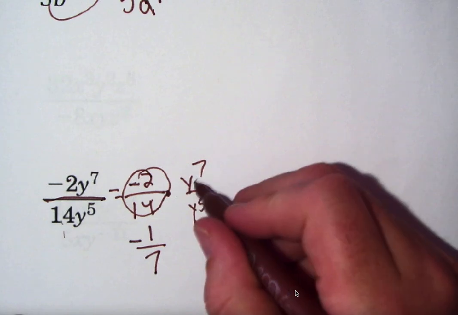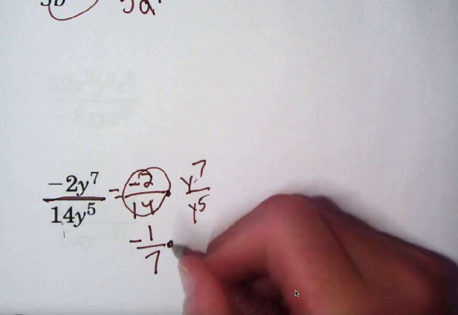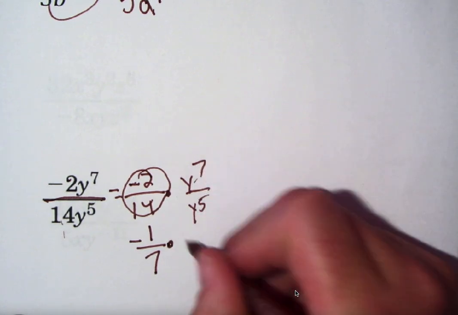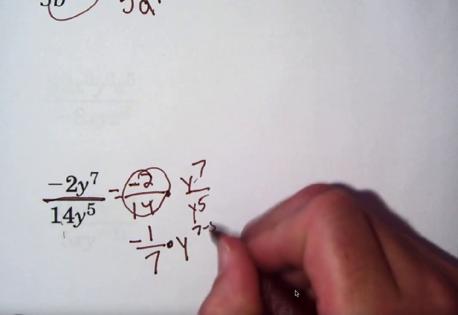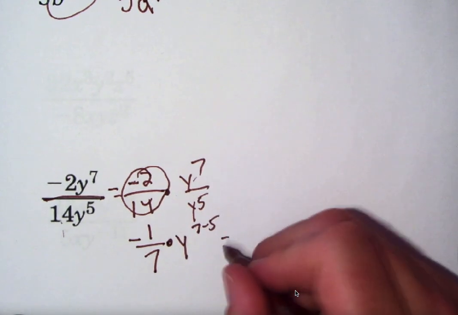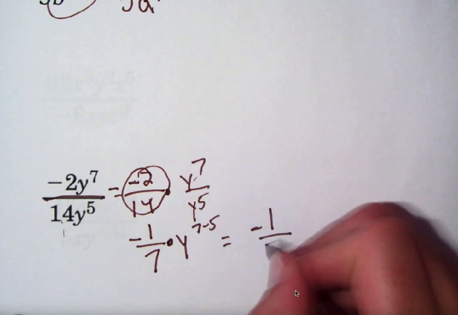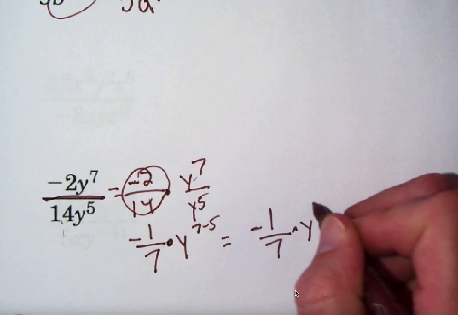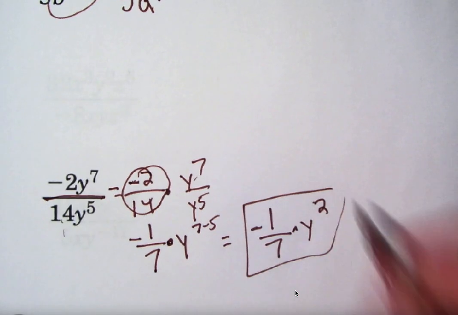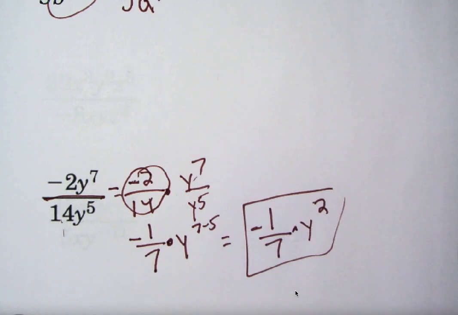And then y to the 7th divided by y to the 5th, well, you subtract the exponents, so 7 minus 5 is 2. So we have negative 1/7 times y to the 2nd. And we're not going to see one like this exactly on the quiz, but I just wanted to remind you what we did with exponents.